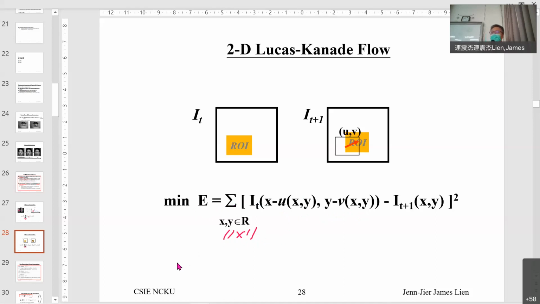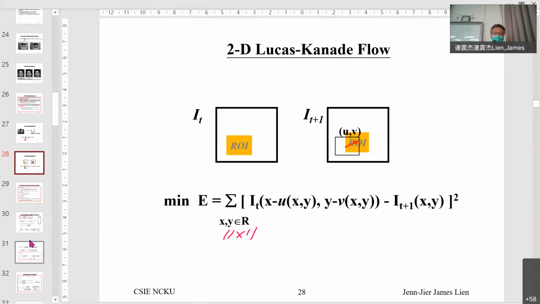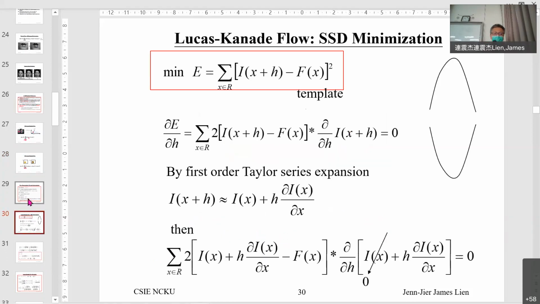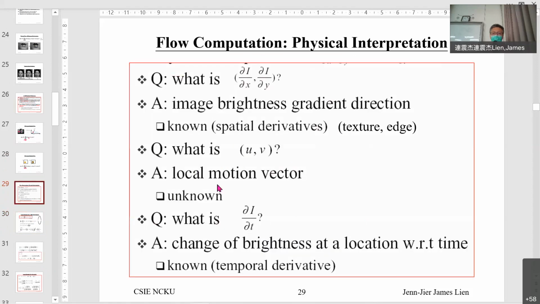So the optical flow equation is very simple. It's easy. You just try to do optimization for this one. I won't go through it here; you read it by yourself.